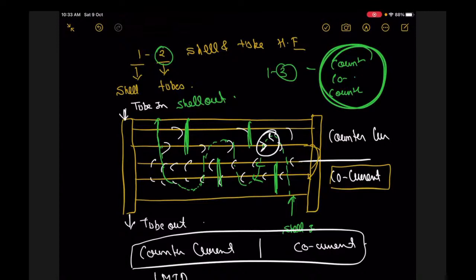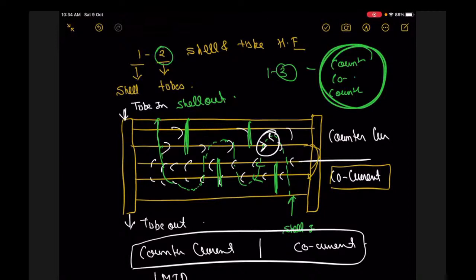The more turbulence is created in the heat exchanger, the more heat transfer coefficient there will be. As the heat transfer coefficient increases, that will help to enhance the Q.